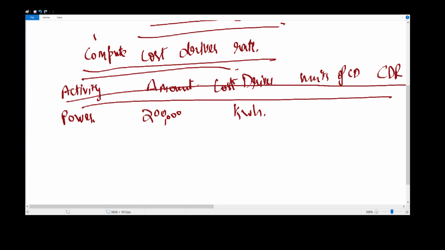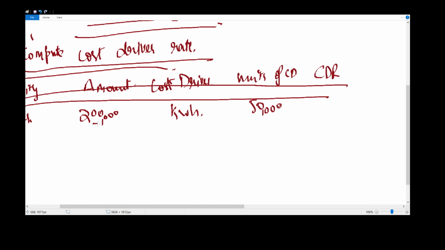The units of cost driver given in Illustration number 2 is the capacity, 50,000 kilowatt hours. The cost driver rate would be 2 lakh divided by 50,000, which is rupees 4.